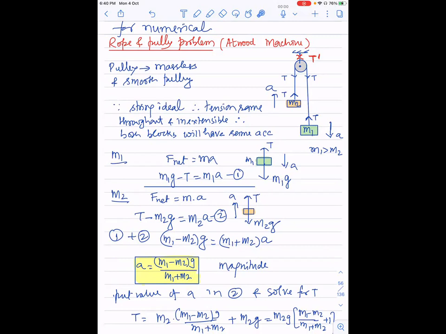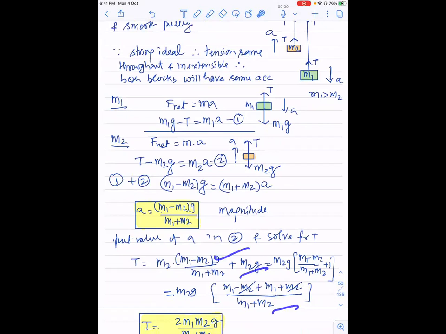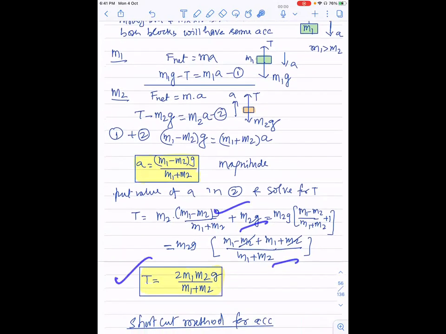If you want to find the tension, put the value of a in equation 2 and solve for T. Take the LCM also. You will get T equal to 2 M1 M2 g upon (M1 plus M2). These are the equations, and we can use them directly. If you remember them, fine. Otherwise, make the equations and solve.